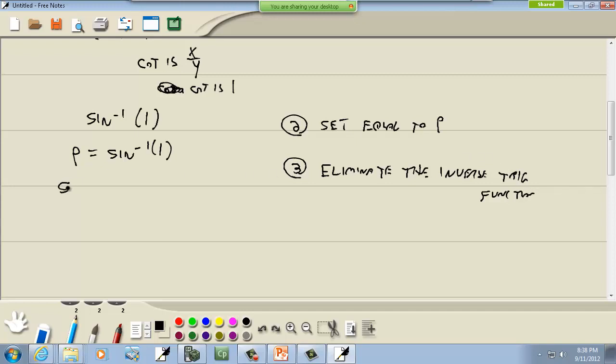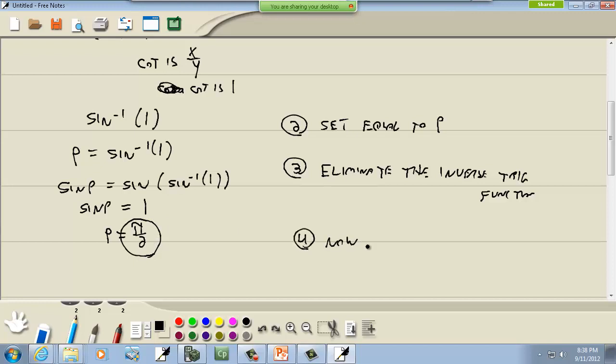So I take sine of both sides. So I got sine p is equal to sine of inverse sine of 1. So we get sine p is equal to 1. Now for this particular one, I look it up on my unit circle, and sine is equal to 1 at pi over 2, which is valid for my inverse sine, which is negative pi over 2 to pi over 2. So that'd be my answer.